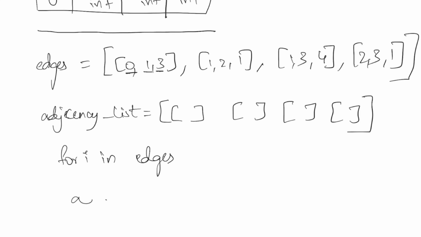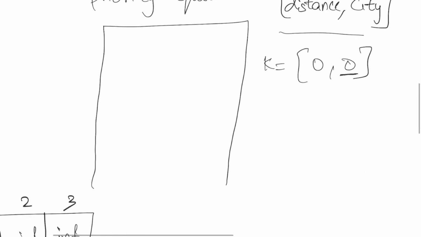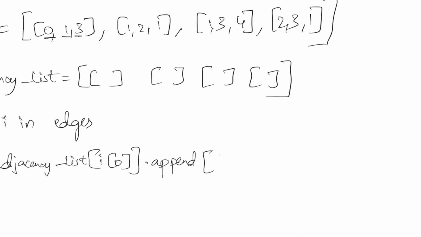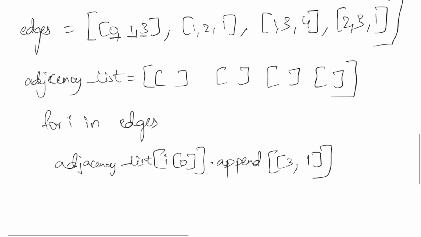So what I'll do is adjacency list of I of 0 dot append. What I'll append, I have already told you, we will be using this format. First we'll give the distance and then the city name. So the distance is 3 from 0th city to first city, it's 3 and the city is 1. You're getting it right? For the first one, now the adjacency list becomes 1 3, and also we'll update the second one.